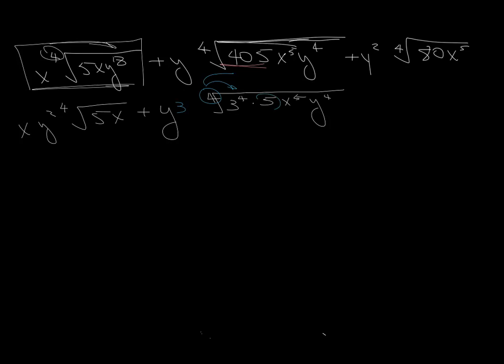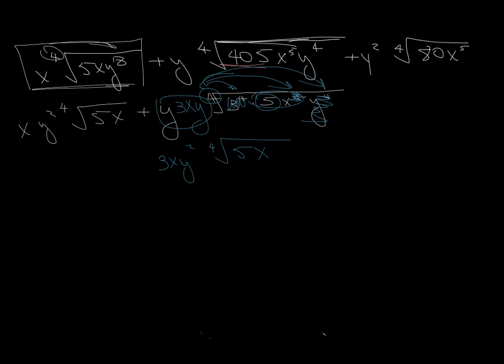And then 5 stays there. 4 goes into this one time with 1 left over. And this one goes into this one time with nothing left over. So this ends up giving me 3xy squared, 4th root of 5x.